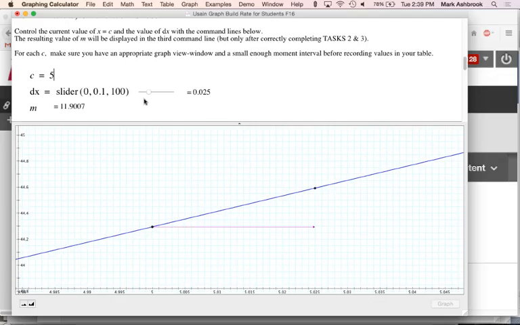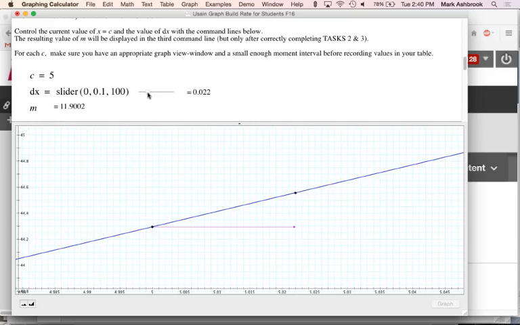Okay, so then we can vary dx if we need to. Everyone could have a different dx for these. For every value of c, you're going to vary dx so that it's inside your moment and it looks reasonable. Here we have a moment where we have rate of change in the moment because we're essentially linear. My dx here is 0.002, c equals 5. Based on those two values and the calculation for m above, it's automatically cranking out that value of m, 11.9.